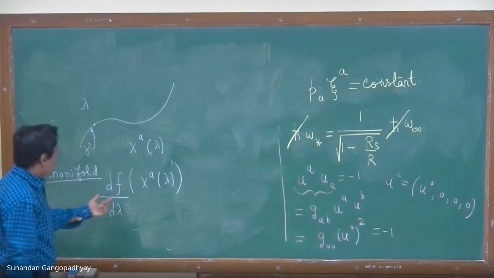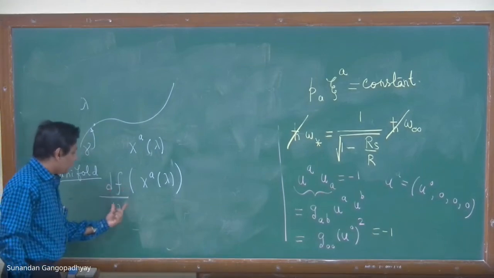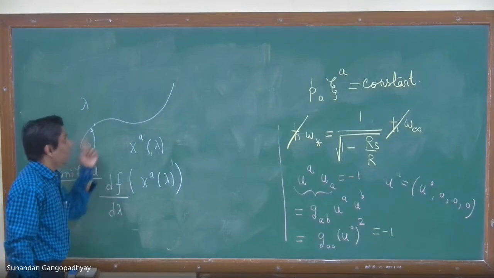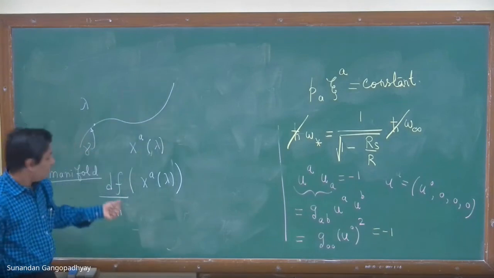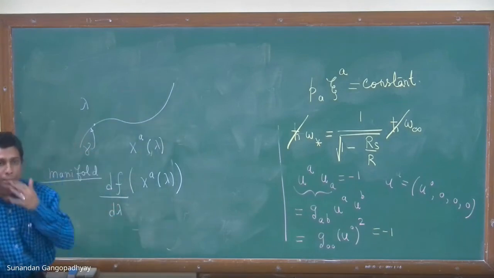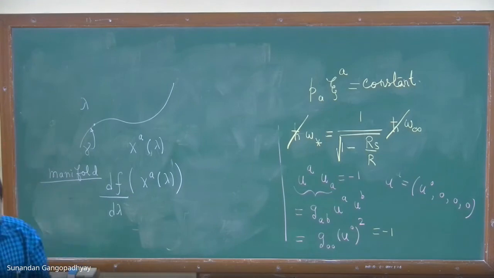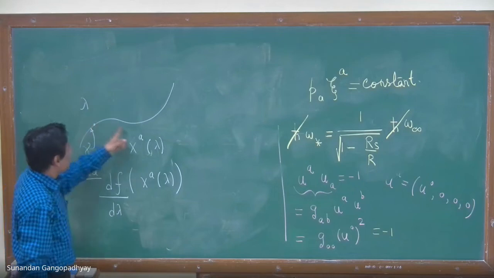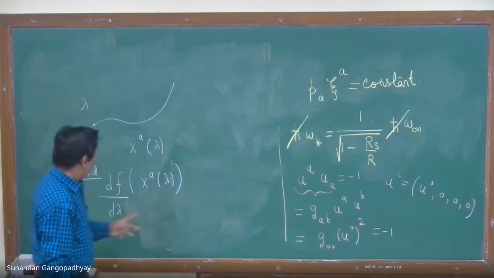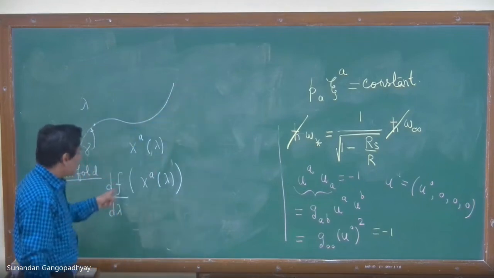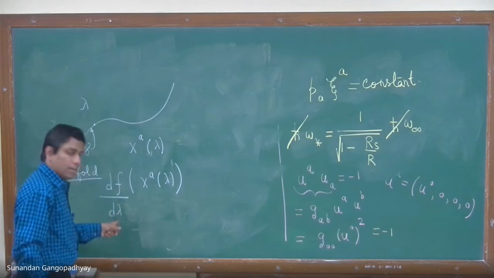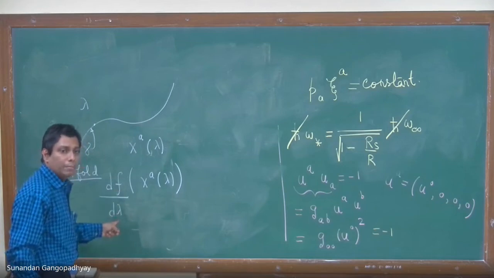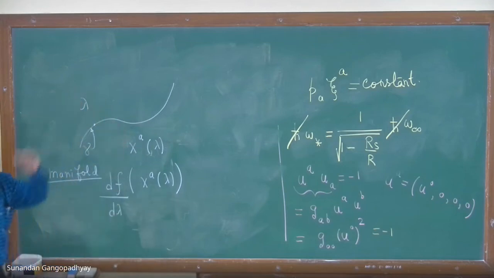What we wish to calculate is the rate of change of this function f along the curve. It will give some kind of velocity, as we shall see now. The curve is parameterized by this parameter lambda. We wish to calculate the rate of change of this function f with respect to this parameter lambda along the curve.